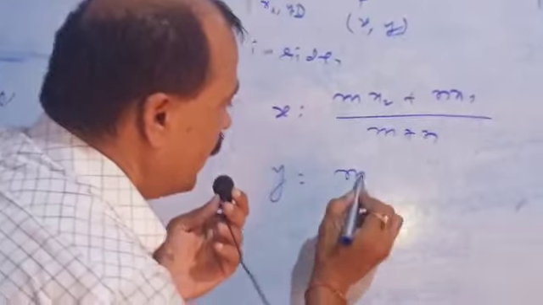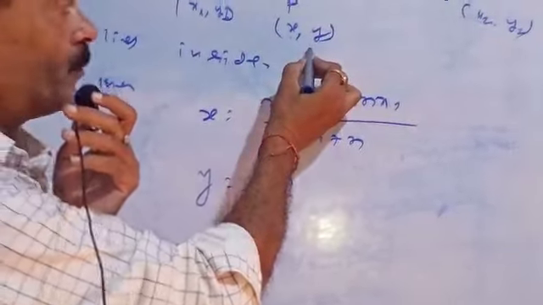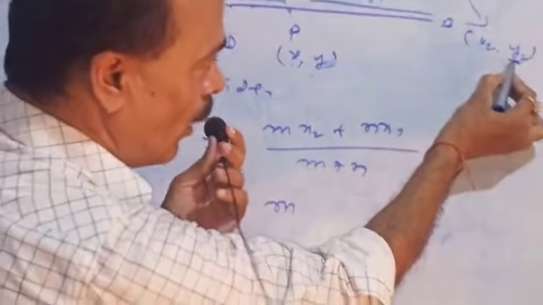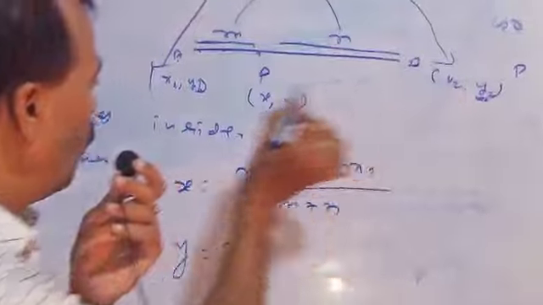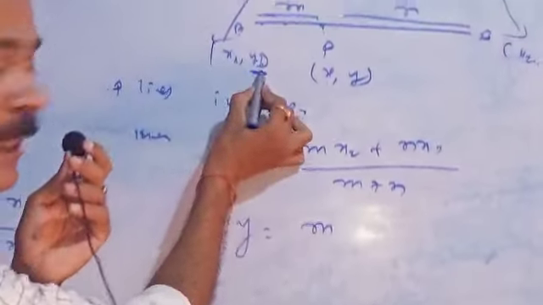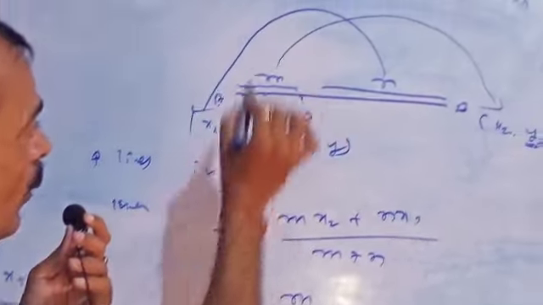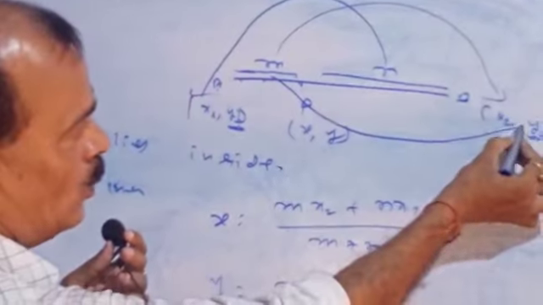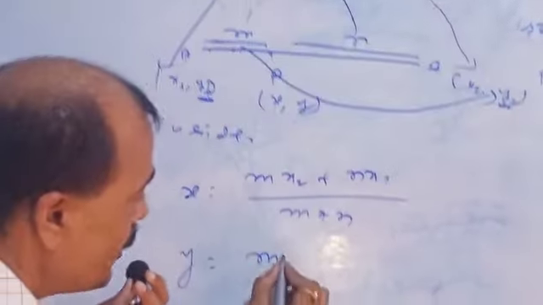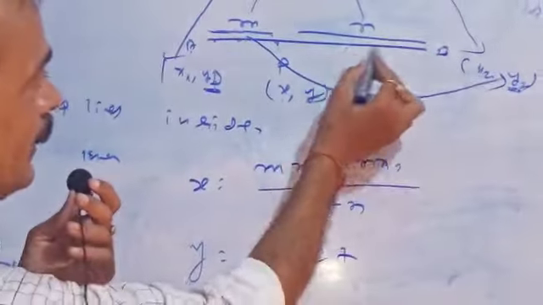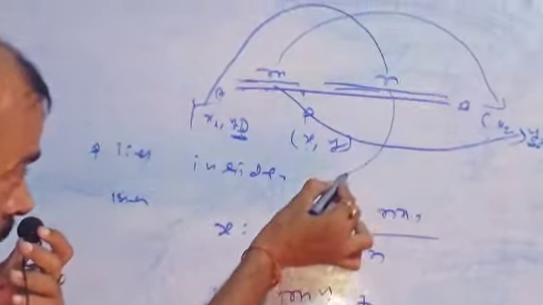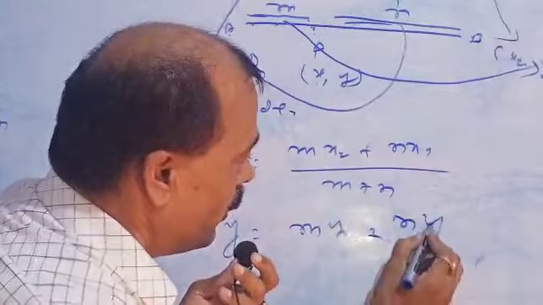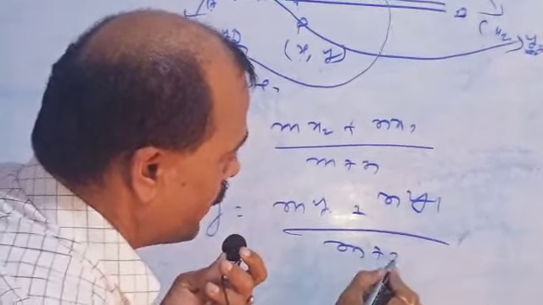Now for the y coordinate: the y coordinate for point B is y2 and for point A is y1. To get the y coordinate, m is multiplied by y2, that becomes m y2, and n is multiplied by y1, that becomes n y1, all divided by m plus n.